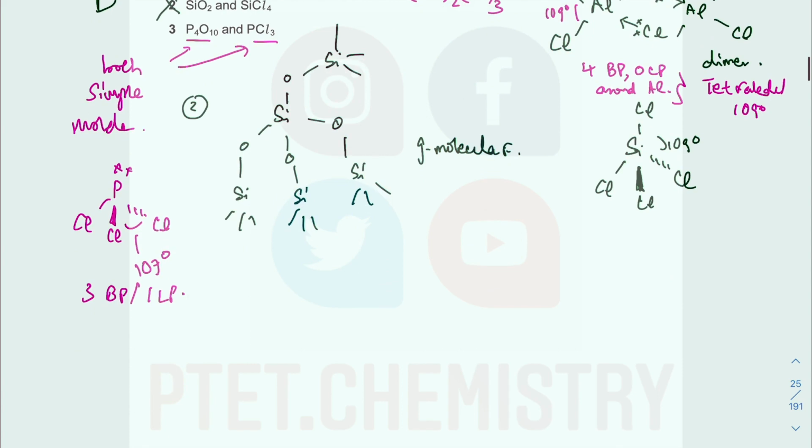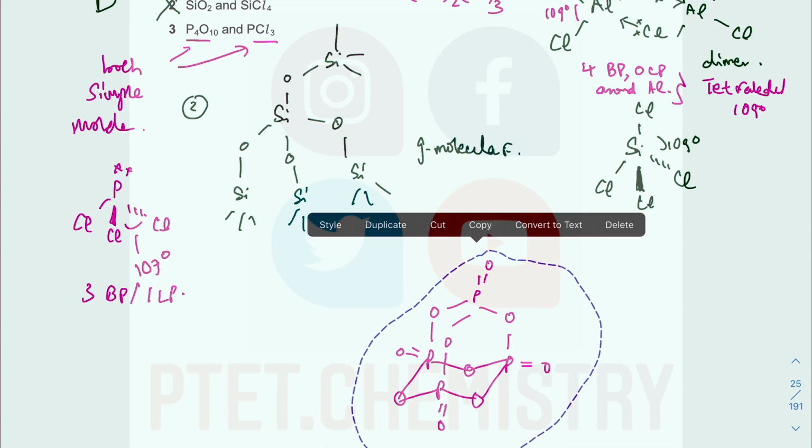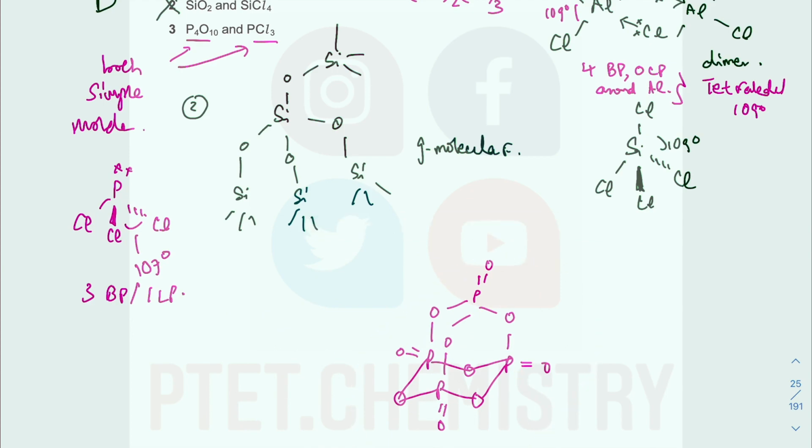P4O10 is actually much more difficult to draw. So there is a P, P, P, P, and there's O. See, I told you it's actually quite hard to draw, right? Unless you know what you're doing, it will be quite hard for you to do this.